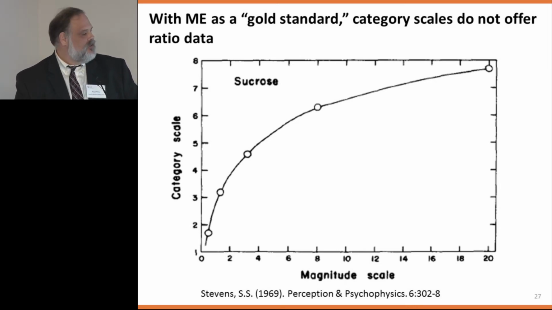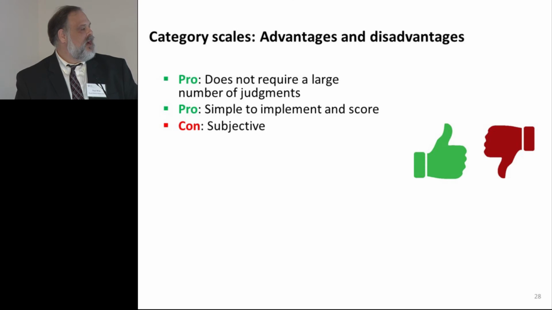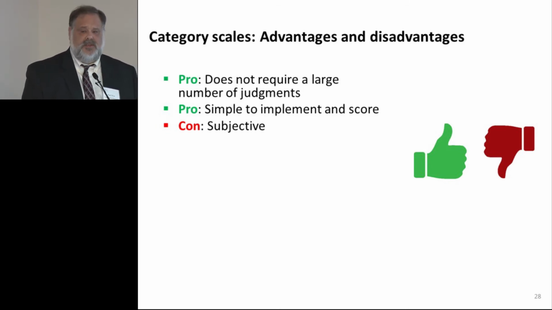So it's the same pack of pros and cons common to all. Spacing of categories is completely arbitrary. They are also very easy for participants to understand and use. And they give some kind of semantic information, with the caution that my faint may not be the same as your faint.